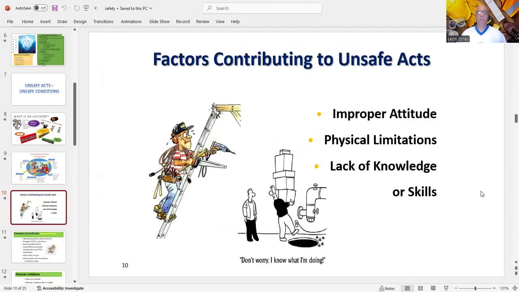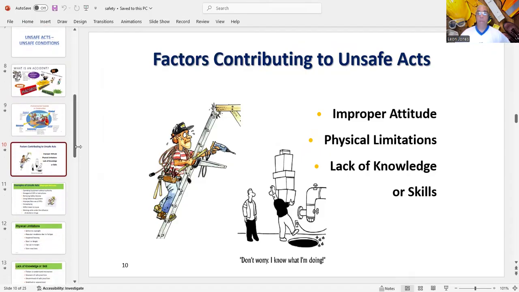Now, factors contributing to unsafe acts: improper attitude, physical limitations, lack of knowledge or skills. Now, you do have some people who may have been on a job a long time and they think they know what they're doing, but all along they have been utilizing bad habits.